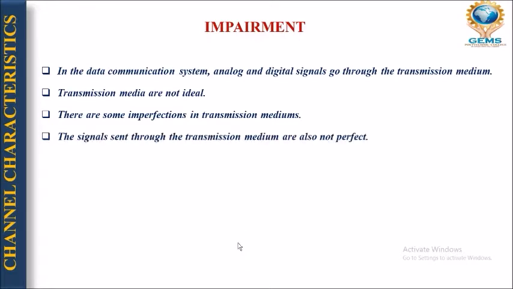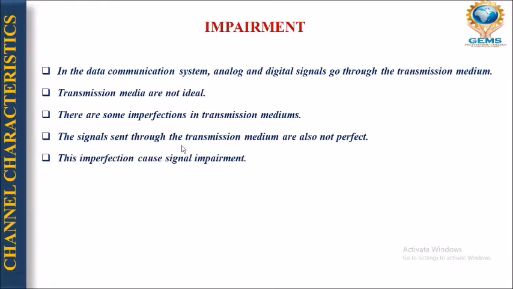This imperfection causes the signal not to transmit very well through that channel. Why? Because if the transmission medium or channel has some imperfection, then how will the signal travel through that medium very well? So the signal is also affected. In other words, it will also not be perfect.